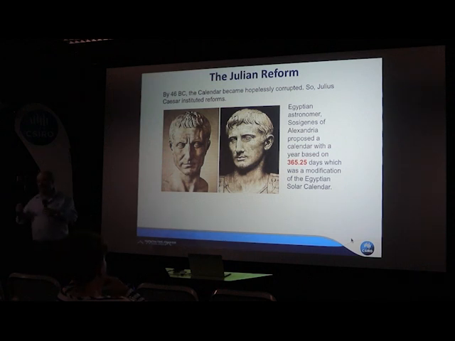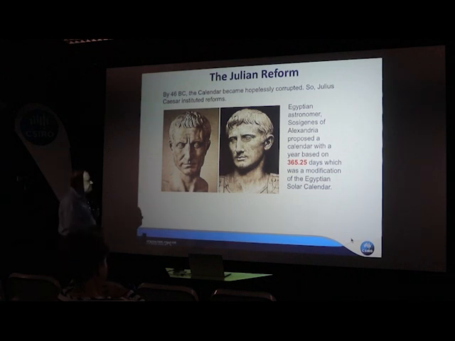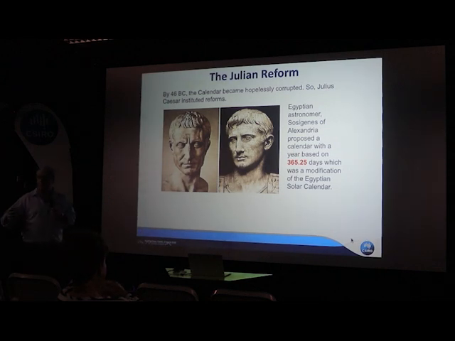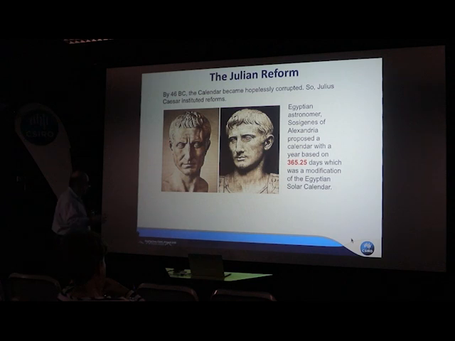The astronomer to the court of Cleopatra was Sosigenes of Alexandria, and he convinced Julius Caesar to reform the calendar based on the Egyptian solar calendar, which had 365 and a quarter days in its year.